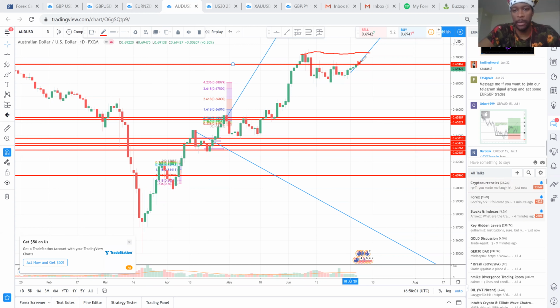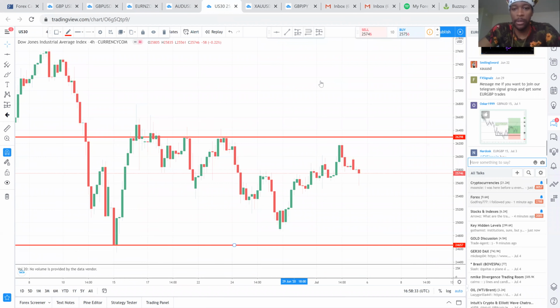So it could break up to test this area and then come back down for a downtrend. Or it could reject off this area, retest, and come back down for a downtrend so it gets down to this area. So there's some options depending on how the market moves in terms of the support areas.